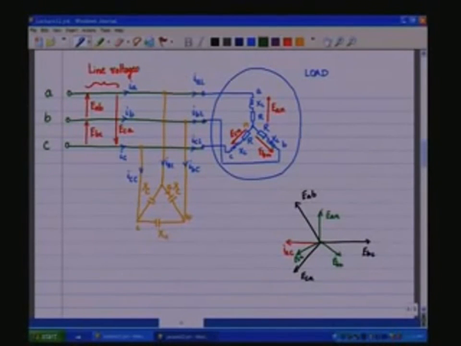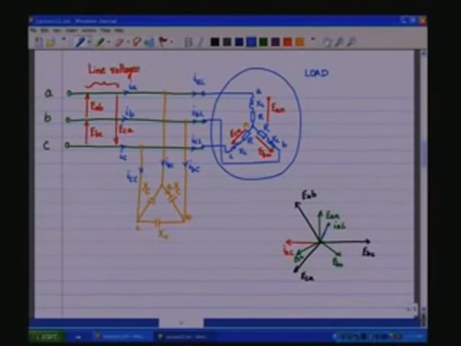Now, if everything had been resistive loads, IAL would have been along EAN, but now IAL is passing through a reactive network. So, IAL is going to lag EAN by some angle theta, and this would be IAL. I will put that in a different color.